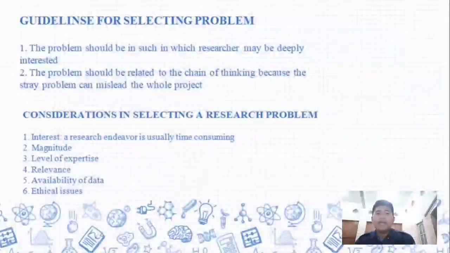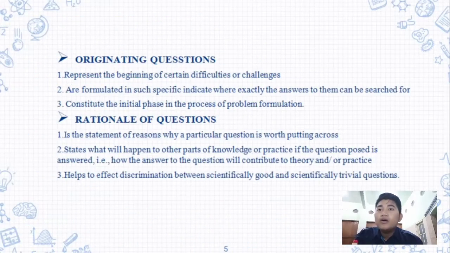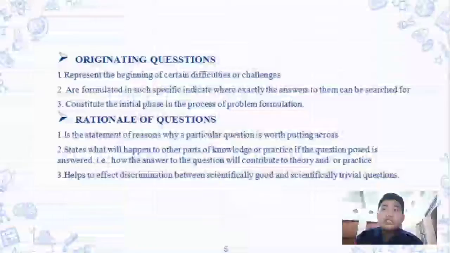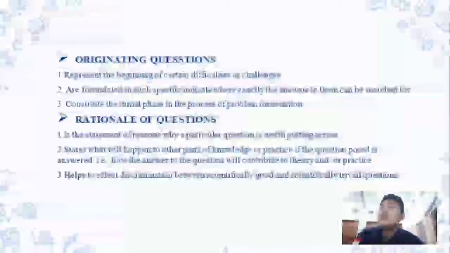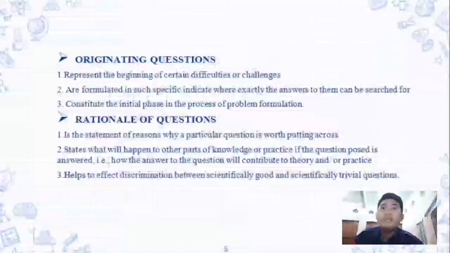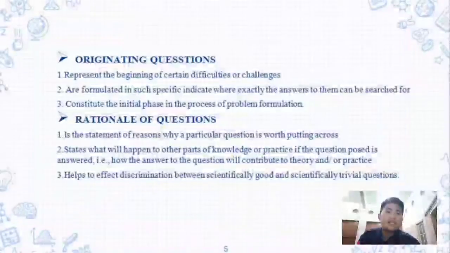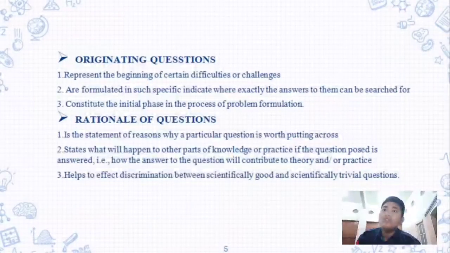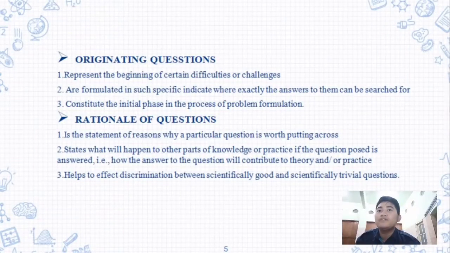And next, originating questions. Number one, they represent the beginning of certain difficulties or challenges. Number two, they are formulated in such a way as to indicate where exactly the answer to them can be searched for.